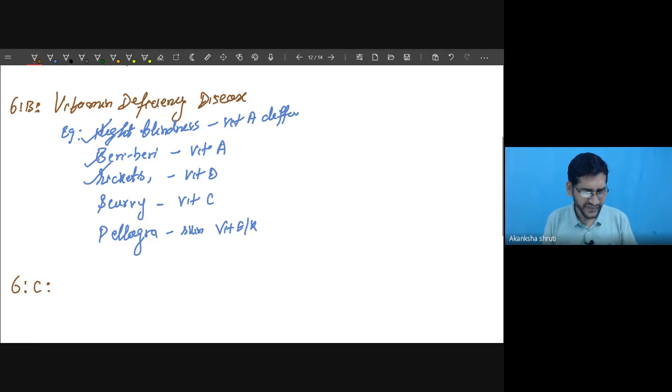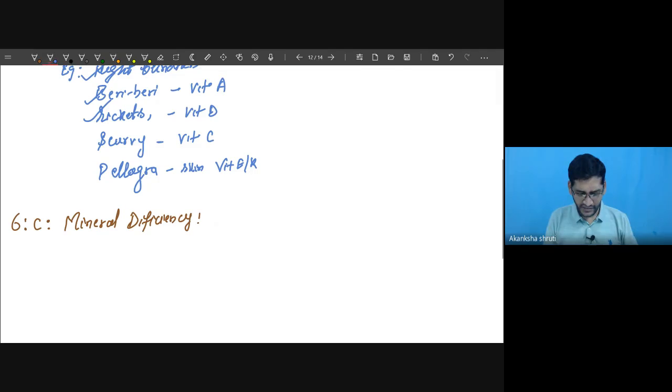C. What is left? Mineral deficiency. So this mineral deficiency, what is the importance of mineral in our body? What is bone? Water is a different component.